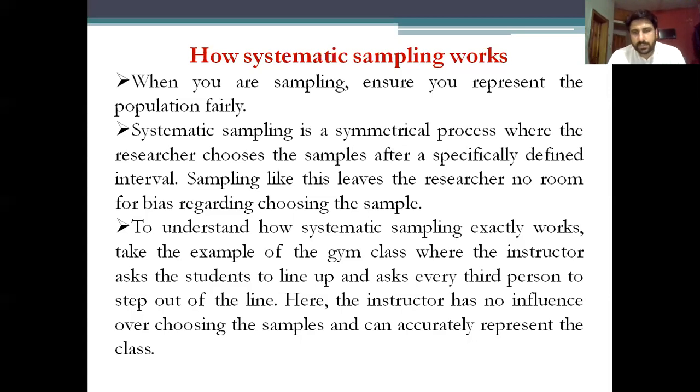To understand it, another example is a gym class. An instructor asks the students to line up and asks every third person to step out of the line. Here, the instructor has no influence over choosing the sample and can accurately represent the class without biasness. This is the positive thing about the systematic sampling method.